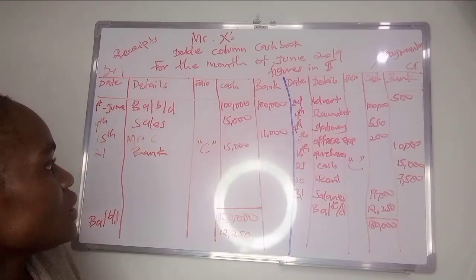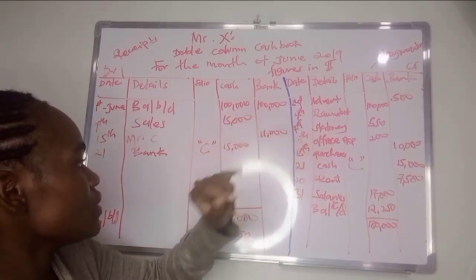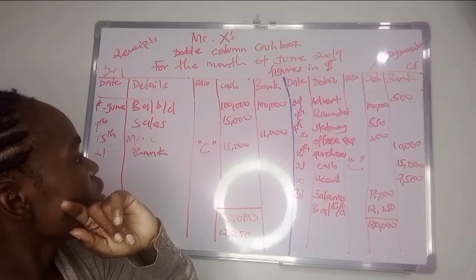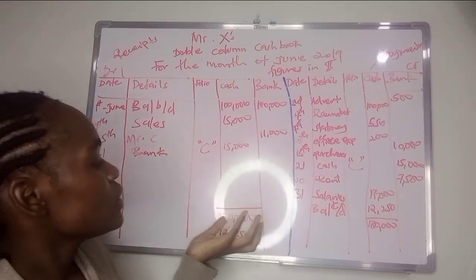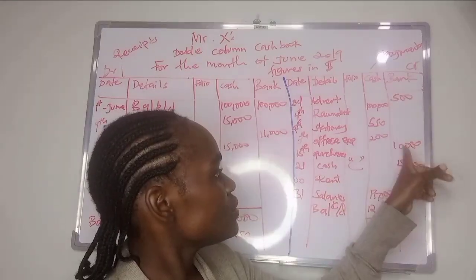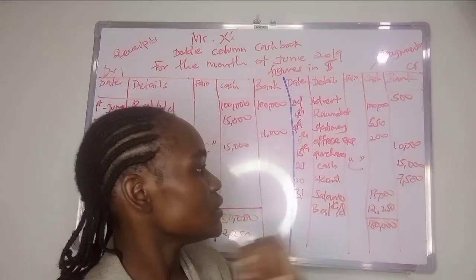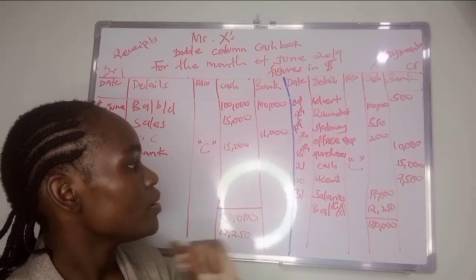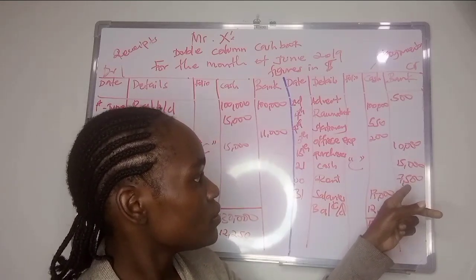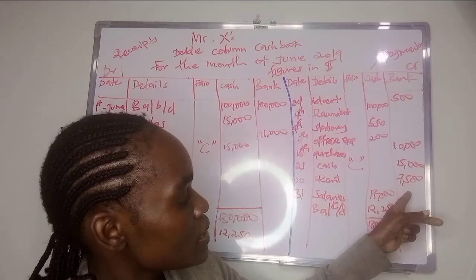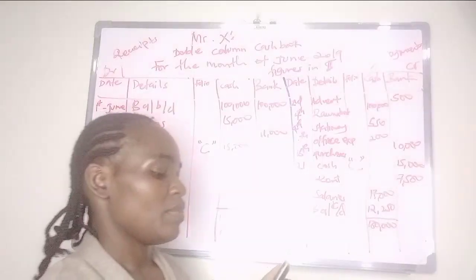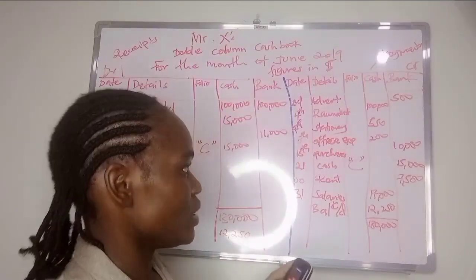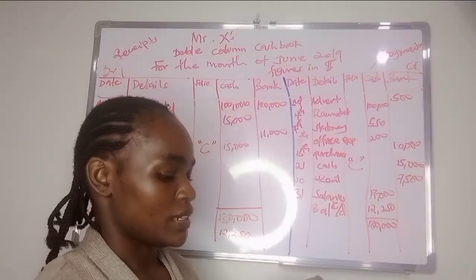Then we balance off the bank column. We see which one is greater. 100 plus 11,000, 111,000. Then this side, 10,000 plus 15, that's 25, plus 75, 25 plus 75. Let me add. My head doesn't work that fast.